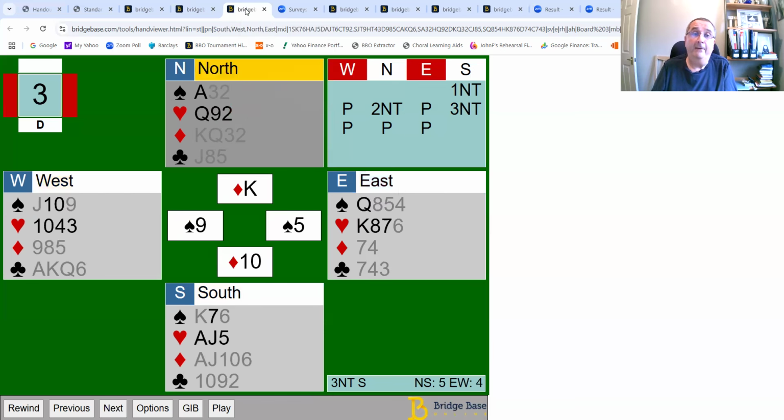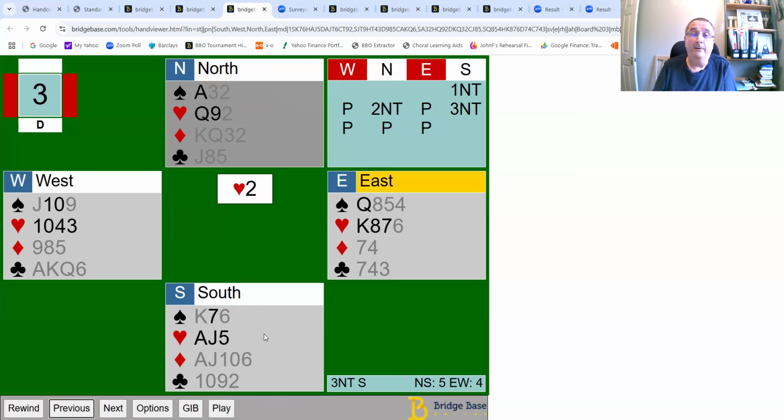If we got to the same point and Declarer, instead of leading the Queen of Hearts, led a low heart, now, of course, you should not cover. You should play a low heart, play second hand low.